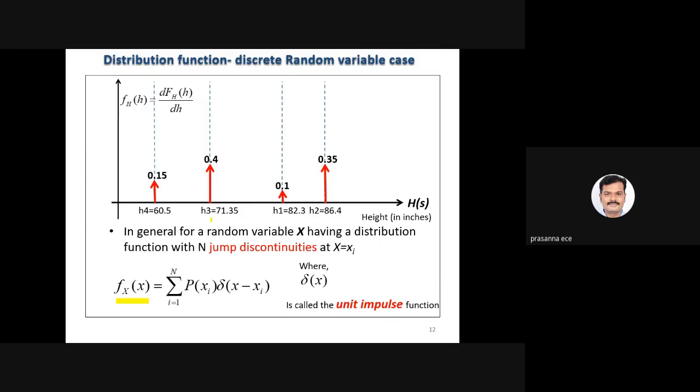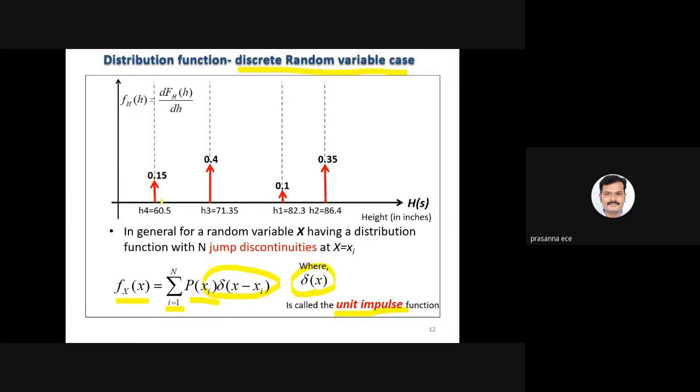For the discrete random variable case, the density function is represented as a summation of the probability of xi multiplied by a special function denoted by delta of x minus xi. This special function delta of x is called the unit impulse function. What is the unit impulse function? We'll see in more detail in the next session because we have come to the end of the session.